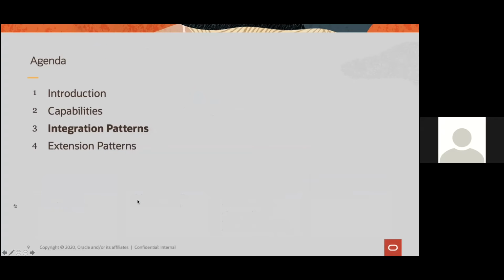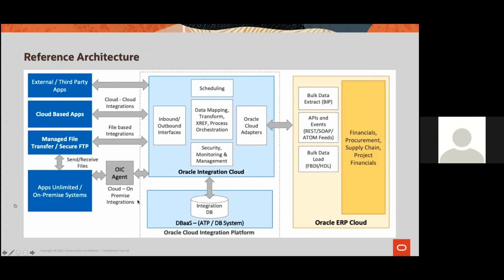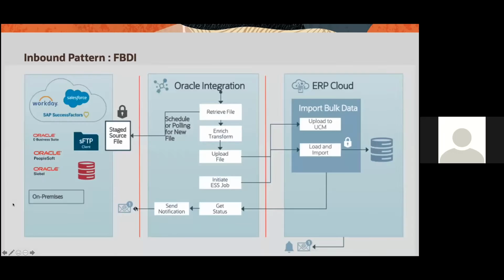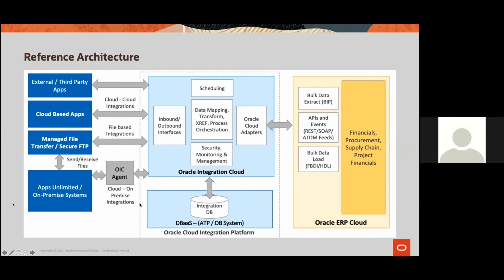Now, with that, we'll talk about the meat of this conversation, which is essentially the integration patterns. I want to call out a reference architecture because this is probably the most commonly used reference architecture when you are integrating with Oracle ERP. On the left side, you can see your third-party applications, cloud-based applications.